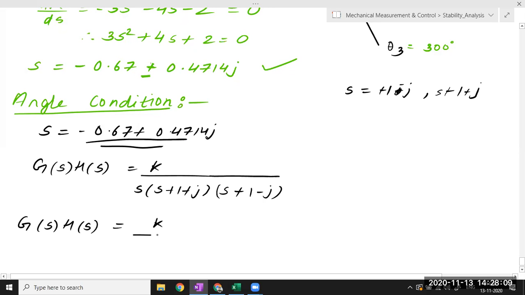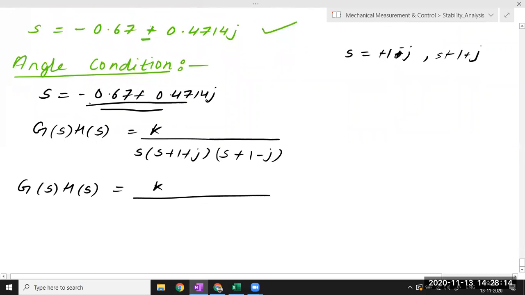So this will be equal to K upon, just look at what I am doing, I am just testing this value. So s will be equal to minus 0.67 plus 0.47j into, again I'll put, 0.67 plus 1 will be equal to 1.67.